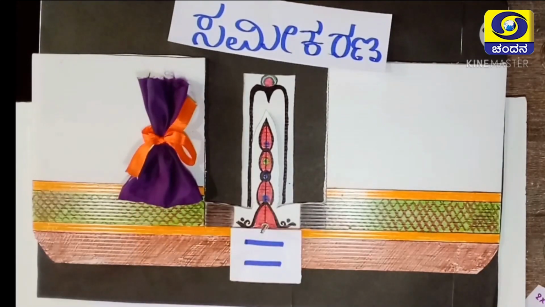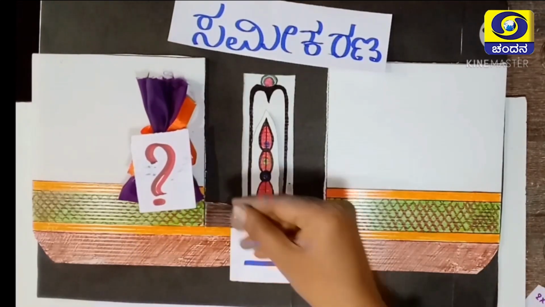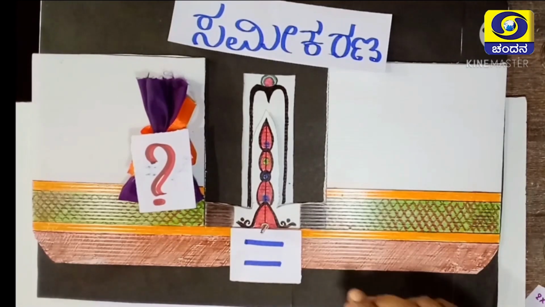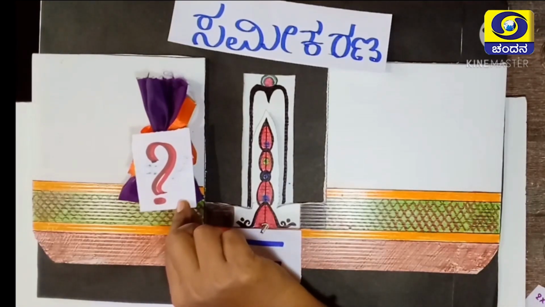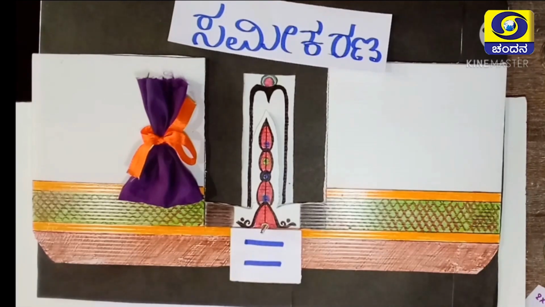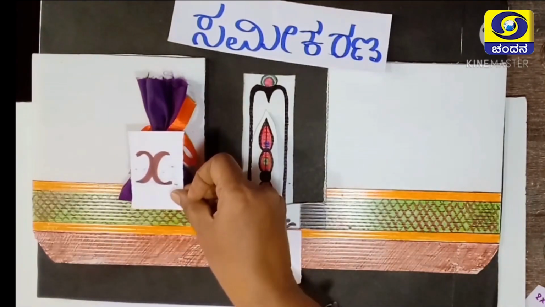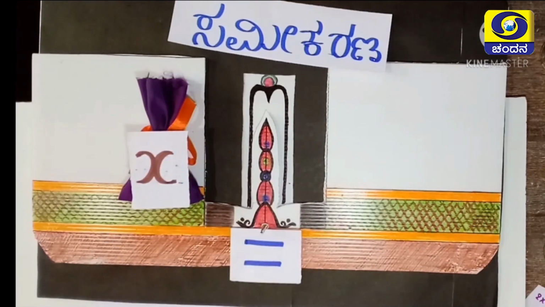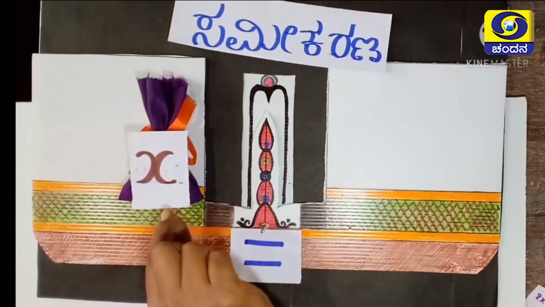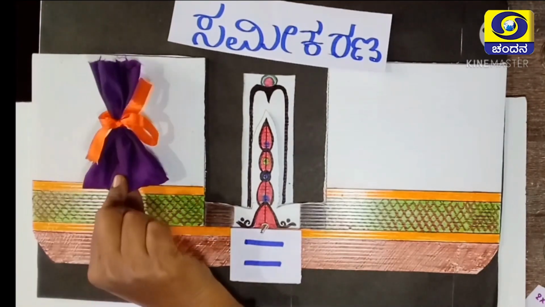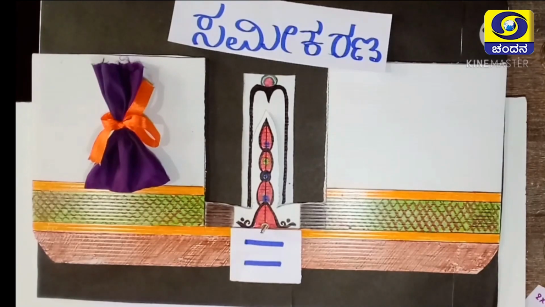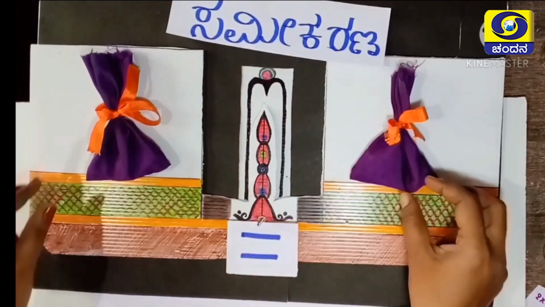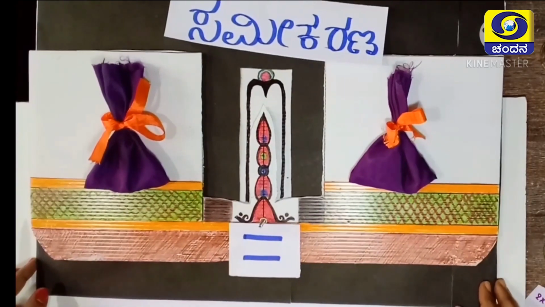Now, I am taking a bag. Whenever I do not know what is in it, I can represent it by a question mark. No, I do not want a question mark. I am a mathematics student. So, what shall I do? I will represent it by x. So, x is something I do not know. If I put 1x on one side of the balance, I should put x on the other side of the balance too.